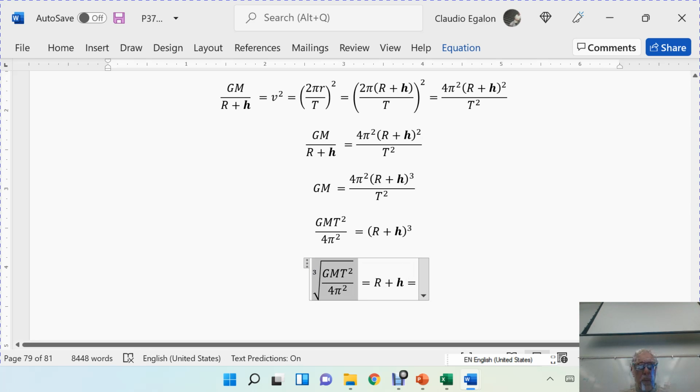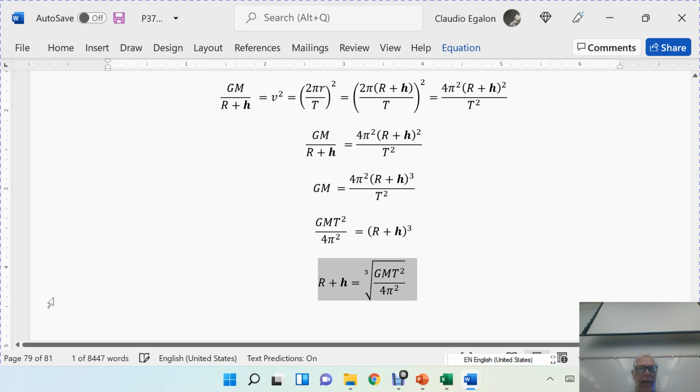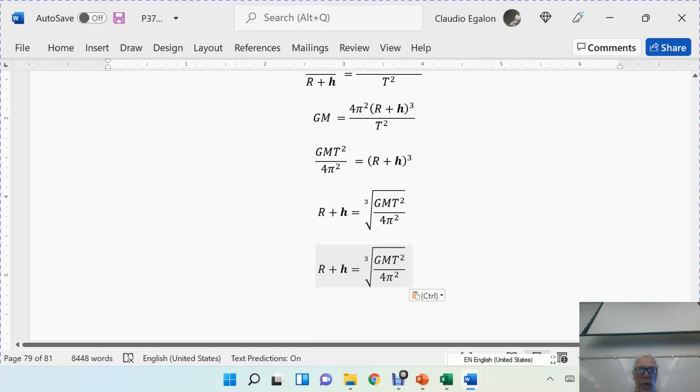It's better to put what we do not know on the left side and what we do know on the right side. And now we can finish. h is going to be, oh no, it's not R, it is this cubic root minus R.